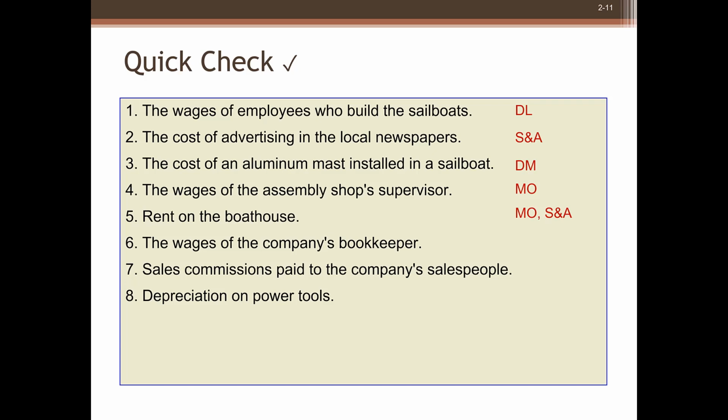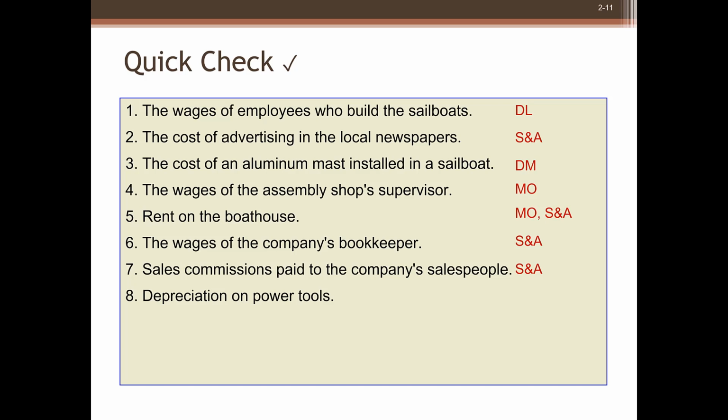Number 6, the wages of the company's bookkeeper. This is general accounting, and this is a typical administrative cost, so S&A. Number 7, sales commissions paid to the company's salespeople. This is a selling cost. Number 8, depreciation on power tools.